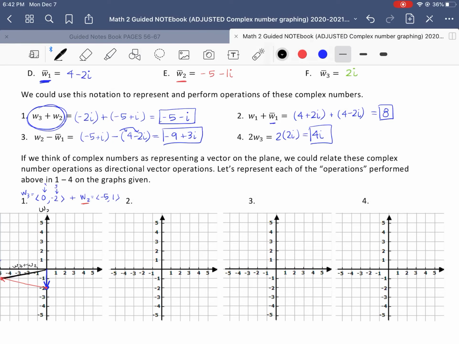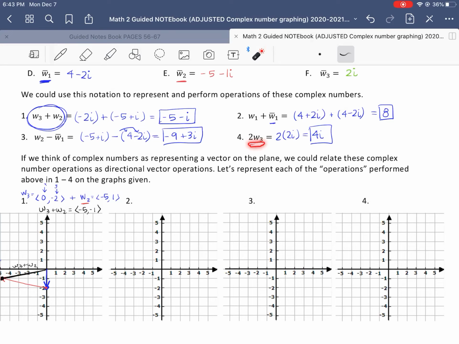So if I was writing W3 plus W2 based off this graph, I would say it finished right there at the point negative 5 and down 1. And if you look up at what we got when we added those complex numbers using complex operations, by combining like terms, you will get the same thing. The graph just shows us that representation of where it's moving about the graph when we're adding those vectors. Let's look at one more, maybe graph number 4.